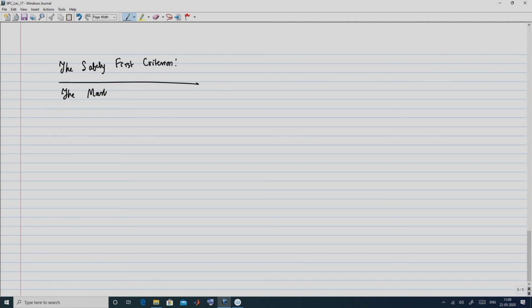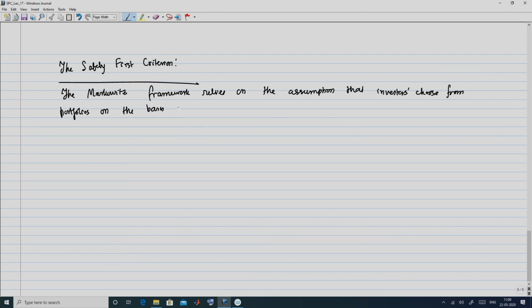So, the motivation is as follows, that the Markowitz framework relies on the assumption that investors choose from portfolios on the basis of a utility function defined in terms of mean and variance of portfolio returns.